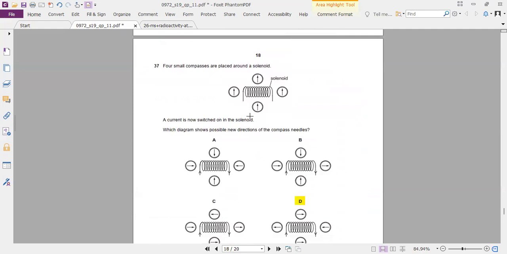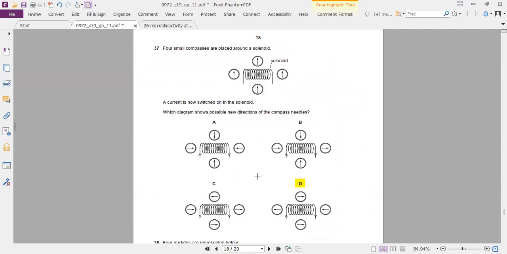Compasses, here it will be. One thing you should look for: on both sides, the compasses should be either towards or away from it. So they're both towards. This is wrong, this is wrong, and this is, all three are wrong.